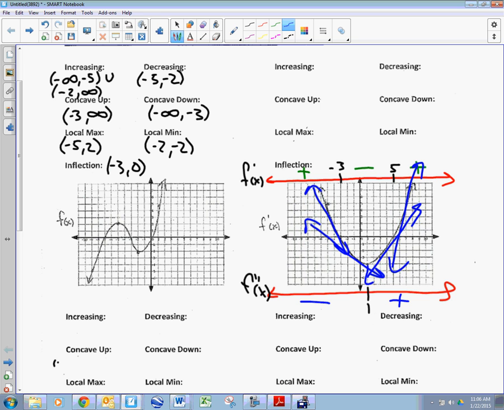All right, so increasing, okay. Does the first derivative or the second derivative tell us about increasing? The first derivative. It's increasing where the first derivative is positive. So therefore, it's increasing from union with.